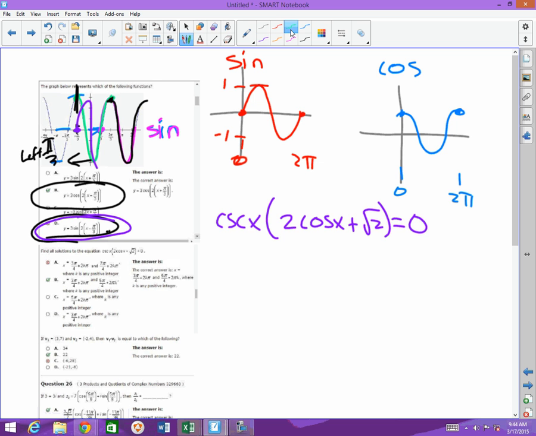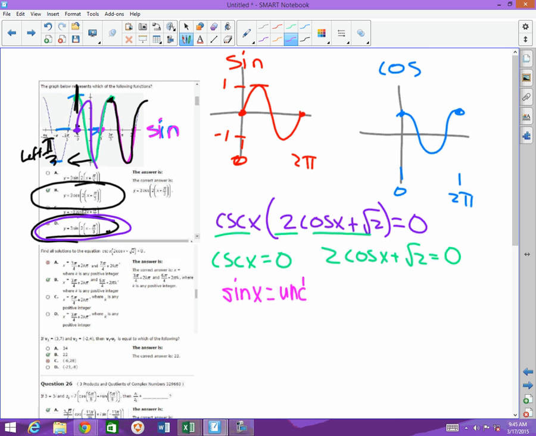Because you have this times this, you can set each thing equal to 0 and solve them. Cosecant of x is 0, so cosecant is the reciprocal of sine, so sine of x is equal to the reciprocal of 0, which is undefined. And sine is never undefined, so there's no answers for that part.